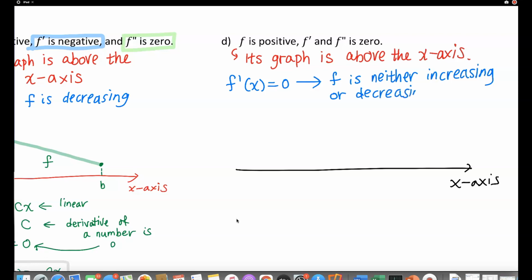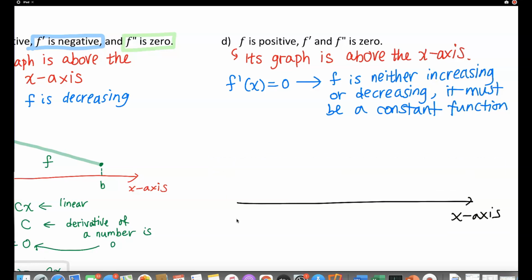It must be a constant function. It's not going up or it's not going down. It's not an increasing or decreasing function. Therefore, it must be a constant function. It's just a horizontal line. So let me go ahead and sketch it. A horizontal line above the x-axis.